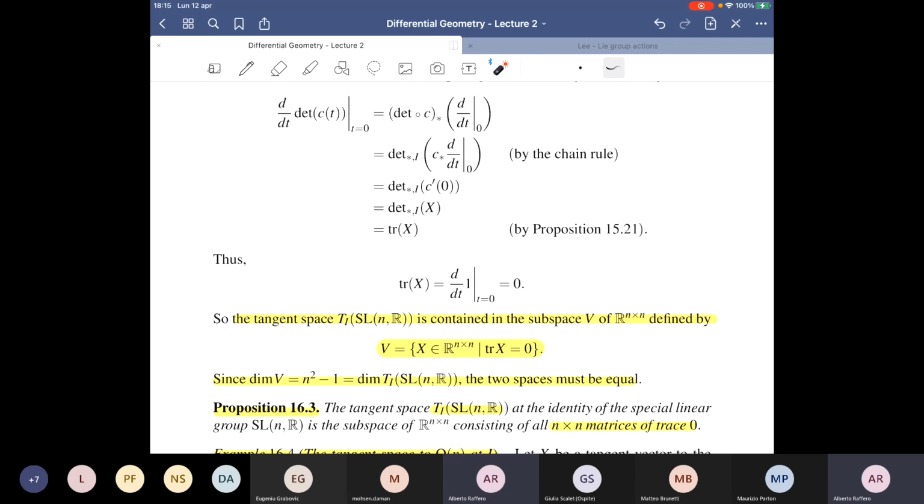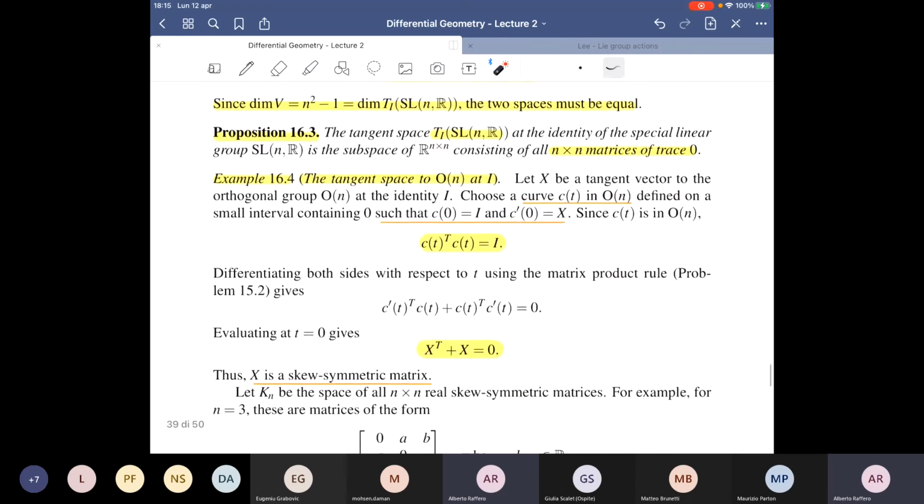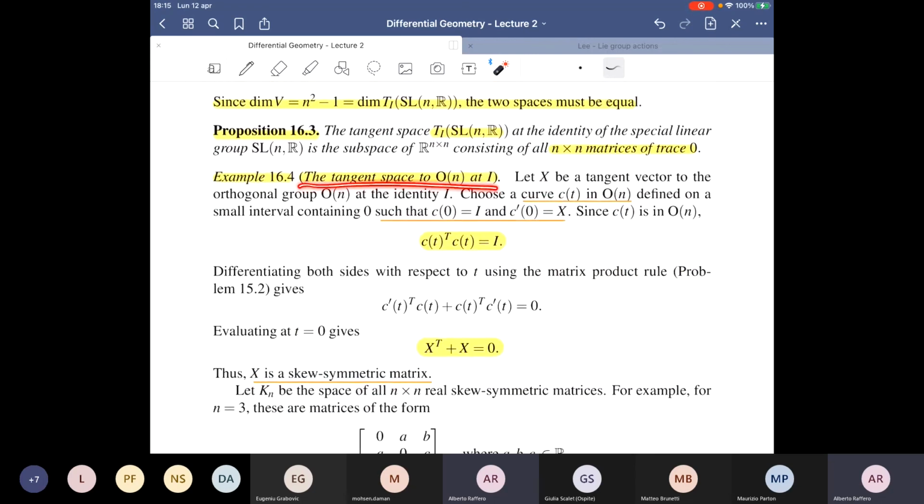So in particular, the tangent space to the special linear group at the identity is given by square matrices whose trace is 0. In a similar way, you can compute the tangent space at the identity to the orthogonal group. In this case, you consider a curve in the orthogonal group starting at the identity and whose tangent vector is a matrix X. Since this curve is in the orthogonal group, you have this relation here: its transpose times the curve equals the identity.